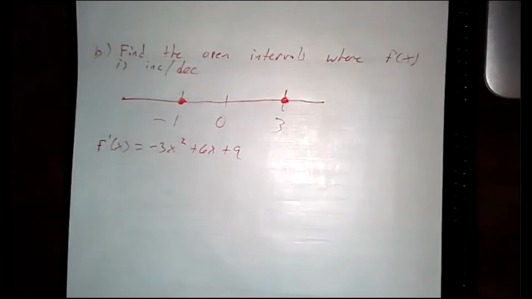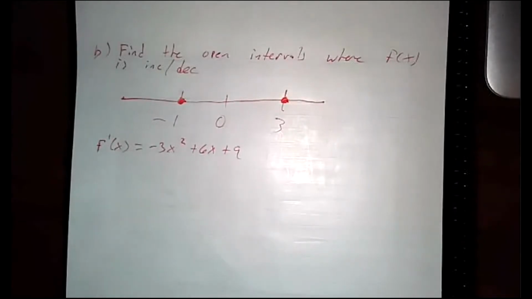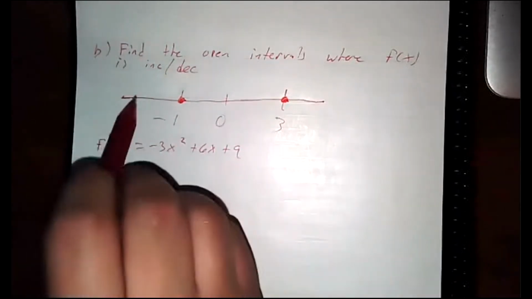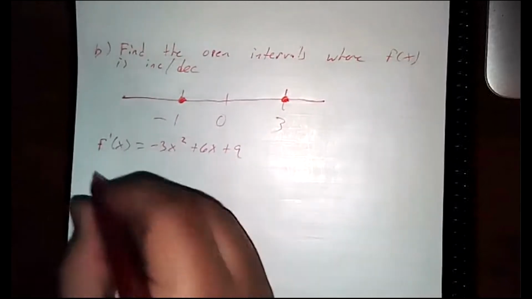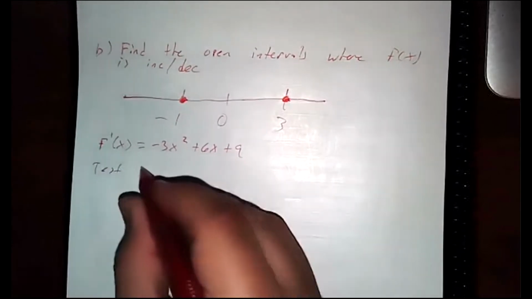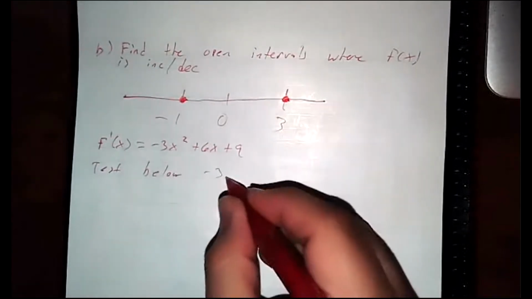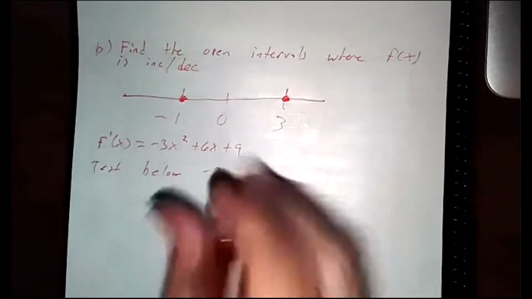Yeah. Okay. No, ignore that other page. It's Cal 2. Okay, so, all right. So let's pick any number, right? I'm going to plug in -2, I guess. So test below -1.